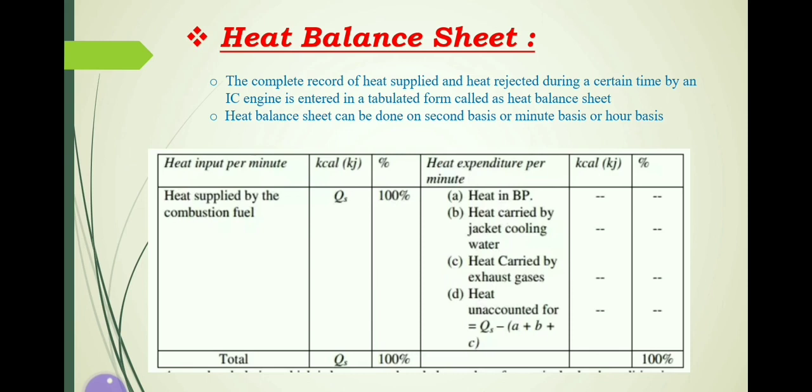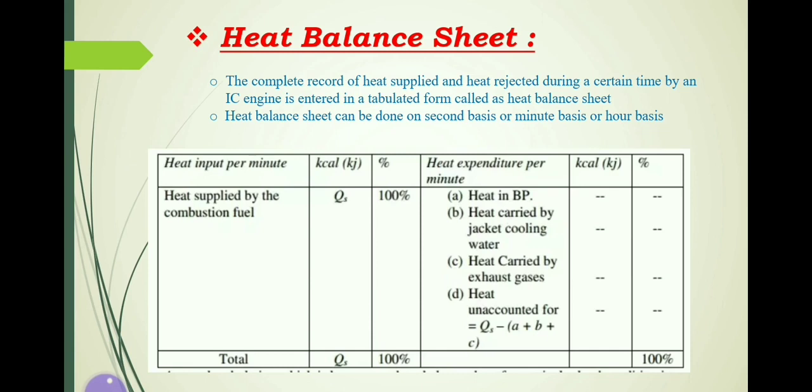Some amount of energy will be inside the exhaust gases, which carry some amount of energy. That amount of energy is going to be wasted, as well as some amount of energy going to the surroundings. Some losses will happen to the surroundings also by radiation.